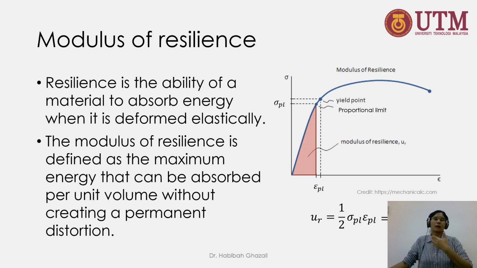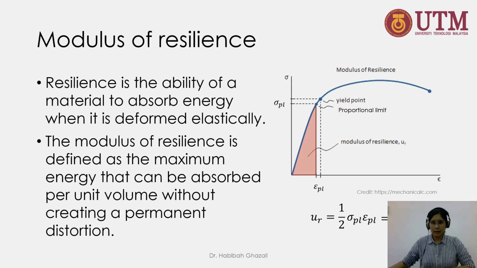Another property that we can obtain using the stress strain curve is the modulus of resilience. Resilience is the ability of the material to absorb energy when it is being deformed elastically. So modulus of resilience is defined as the maximum energy that can be absorbed per unit volume without creating any plastic deformation.